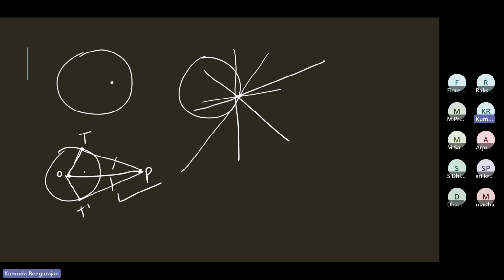So we take up these two triangles, OTP and OT dash P.